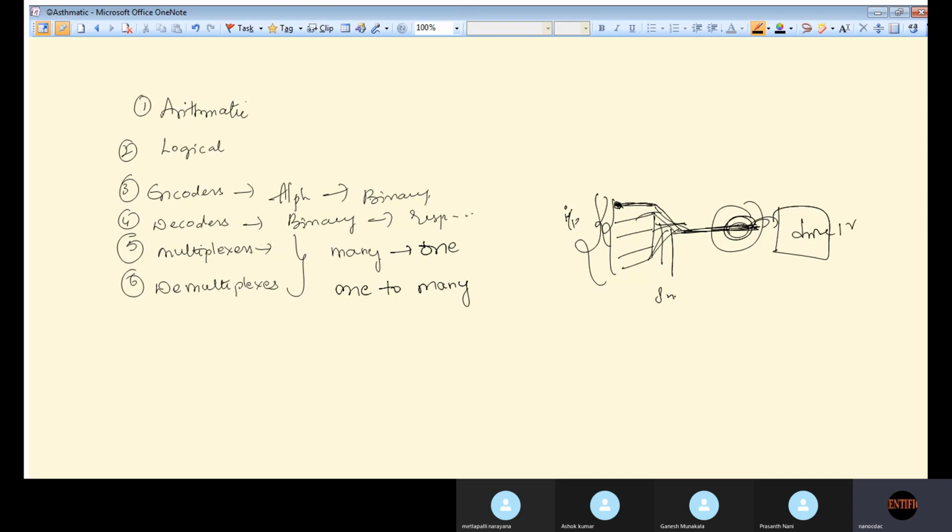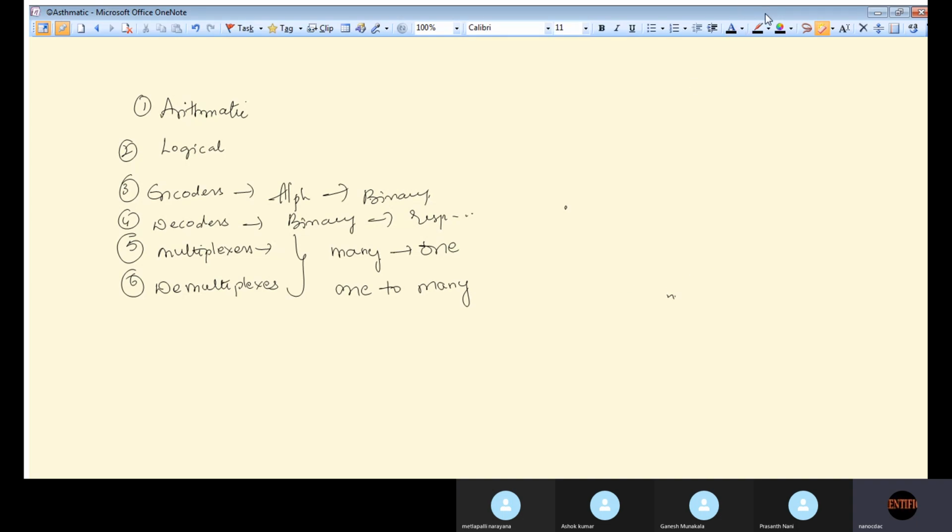Okay, so now multiplexers and demultiplexers do the reverse process of each other. So multiplexers are also called what? So much data you are receiving, and out of so much data you have to choose only one. So multiplexers are called data selectors. And next, what are demultiplexers?